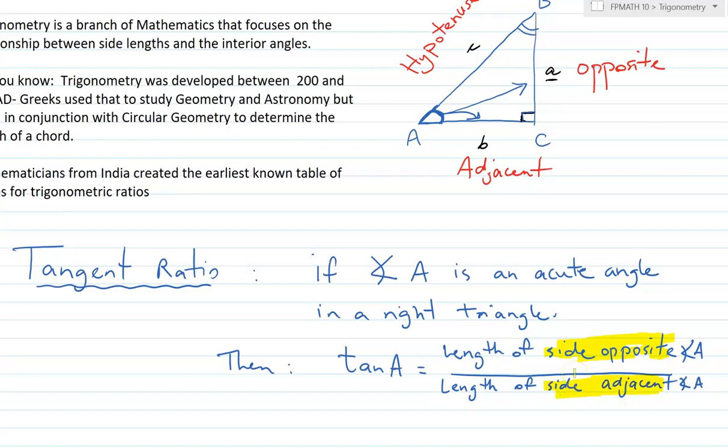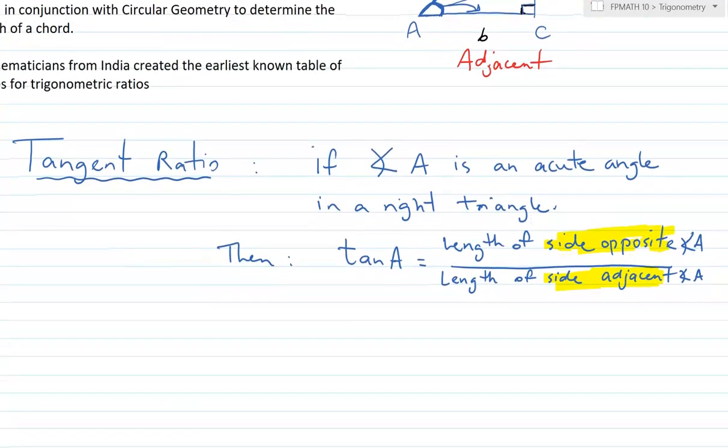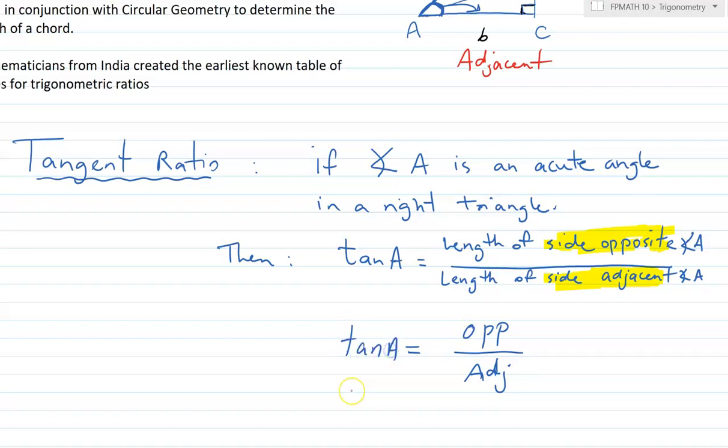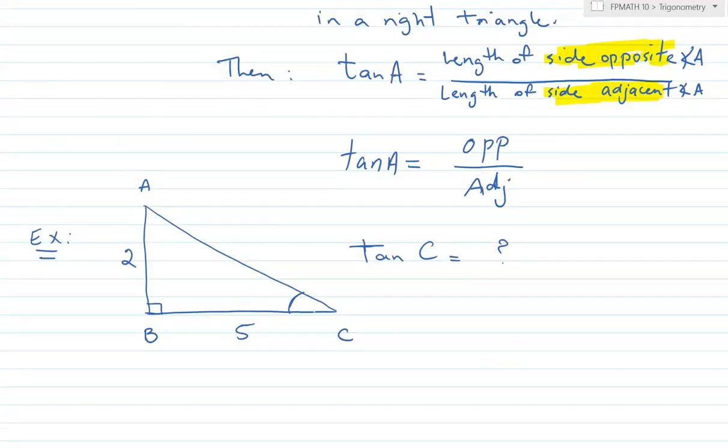From this point on, we don't actually write the length, we just say opposite, OPP, divided by ADJ. That's the ratio you get, and ratio means a number over another number depending on the length of the sides. Great, let's look at an example.